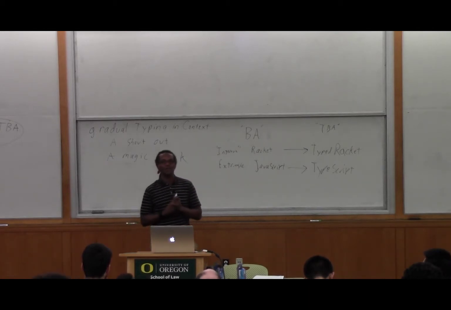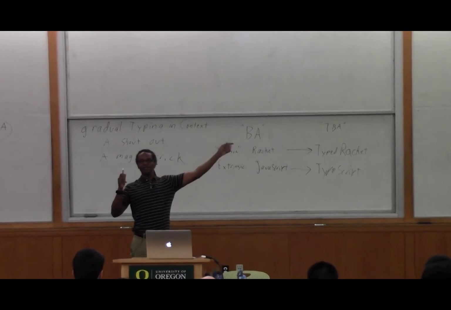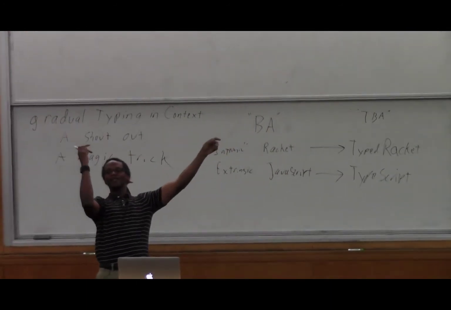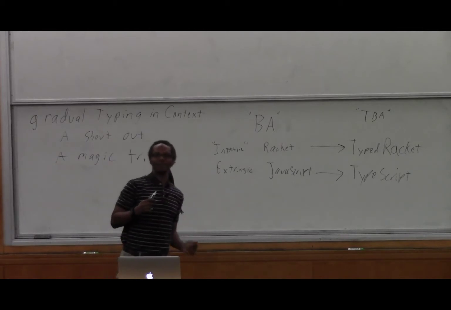Oh, the definition of sound. So remember when I talked about semantic type soundness, where I said you have a single turnstile, and then you define a double turnstile, and then you prove that if the single turnstile holds, then the double turnstile holds? That's the definition of soundness.